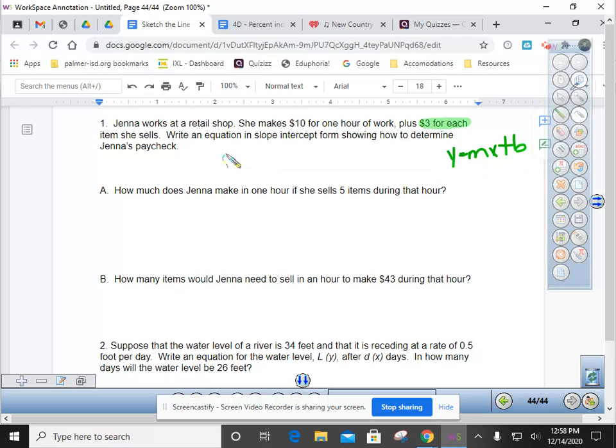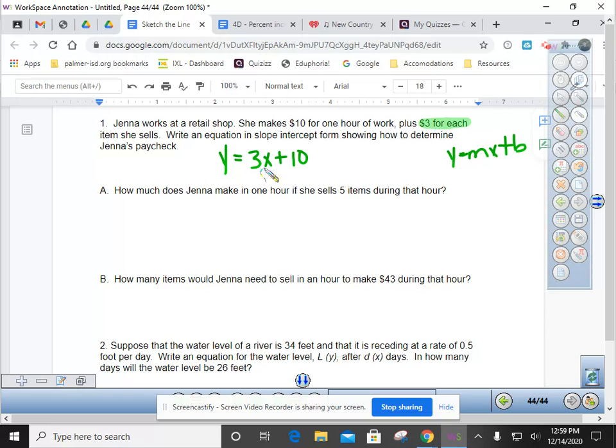So it's going to be y equals 3x plus what? 10. The way we did it in the past was 3x plus 10 equals y, or whatever. No, wait, there's nothing to do yet. Now look at A. How much does Jenna make in 1 hour if she sells 5 items during that hour?